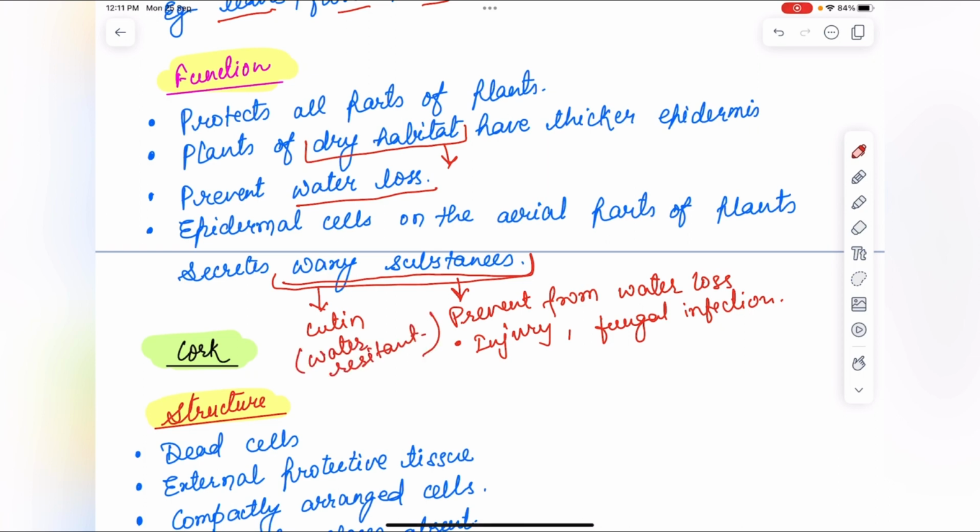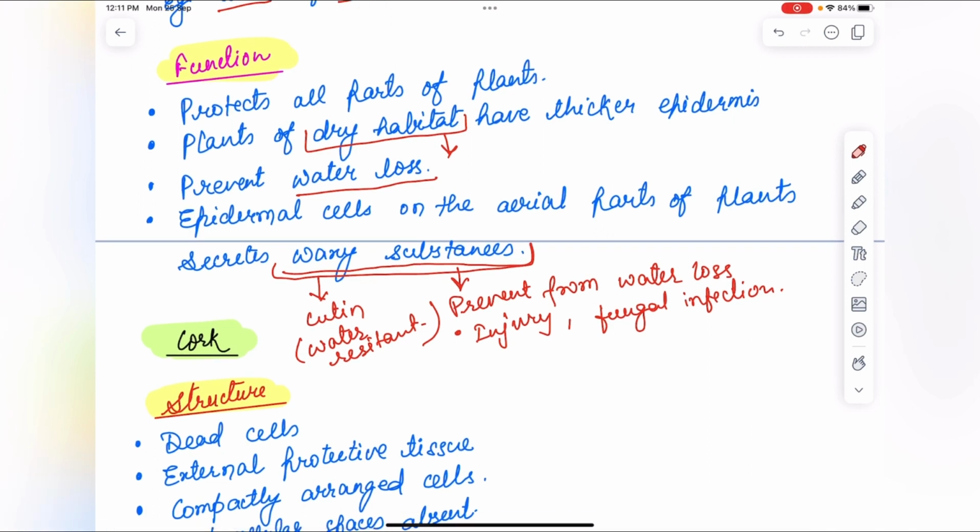These epidermal cells are also present in the roots in the form of hair-like structures, and these help in increasing the absorption of water and increase the surface area of the roots.